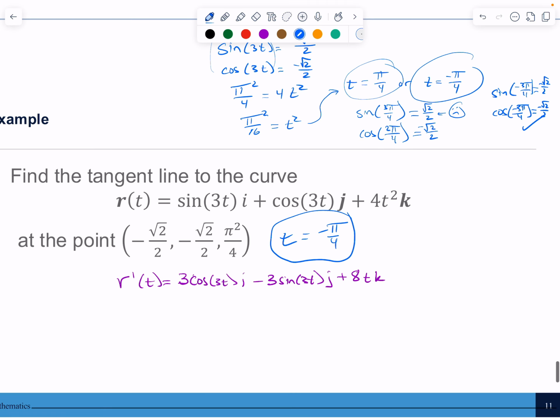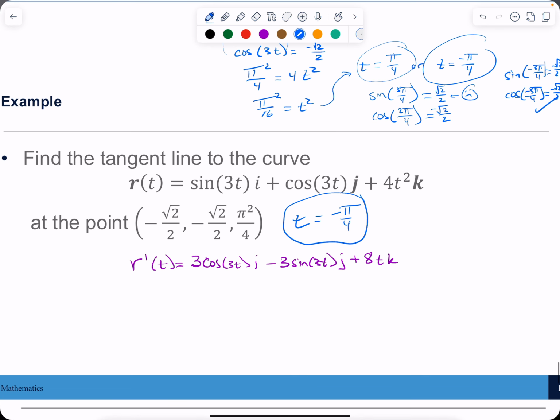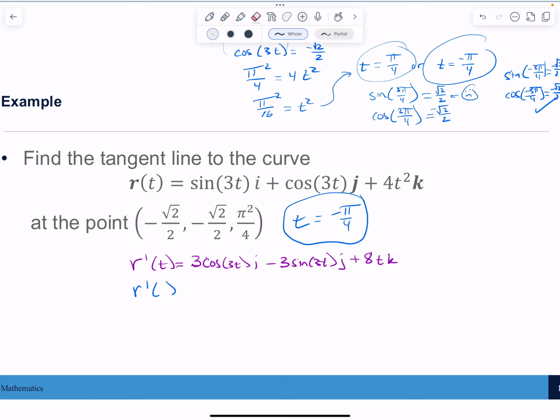Okay, all that's left is to compute the slope, or rather the direction, r prime of negative pi over 4. And that's going to be 3 times the cosine of negative 3 pi over 4, i minus 3 times the sine of negative 3 pi over 4, j, and then this will be minus 2 pi k.